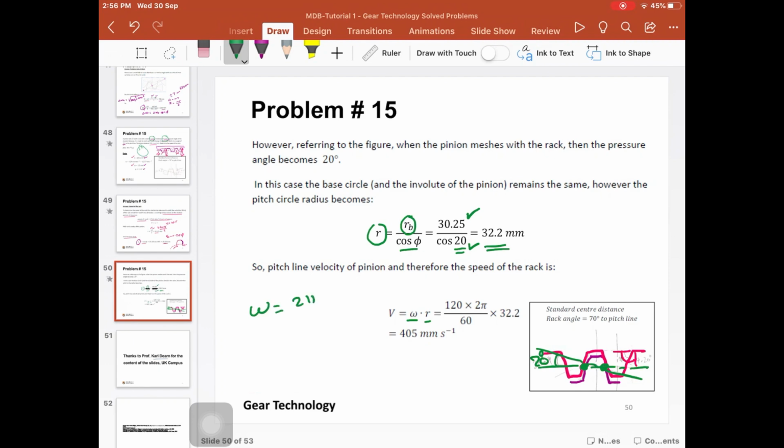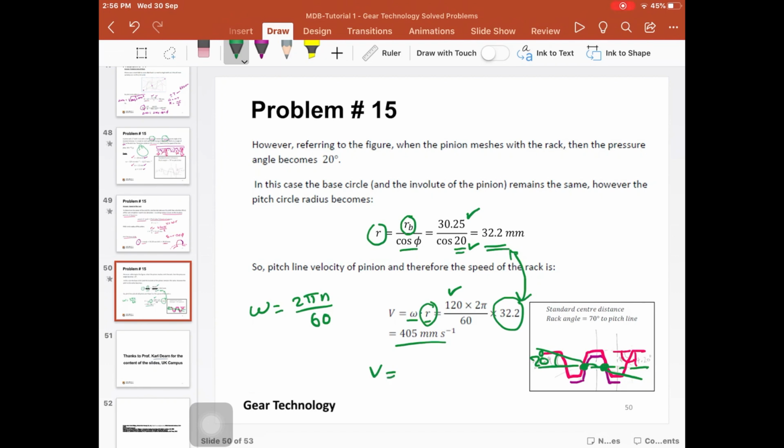Omega here is equal to 2 pi N over 60. So the RPM of the pinion is 120, and the pitch circle radius of the pinion in this configuration is 32.2 based on this equation here.